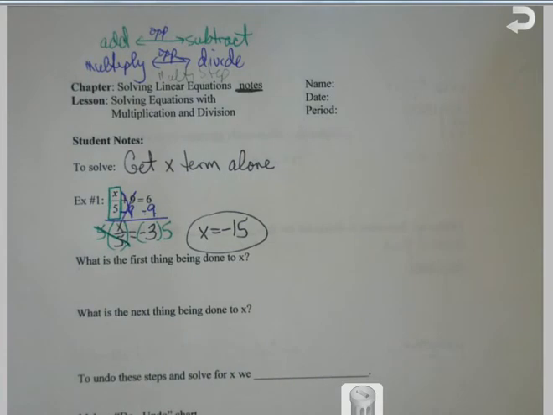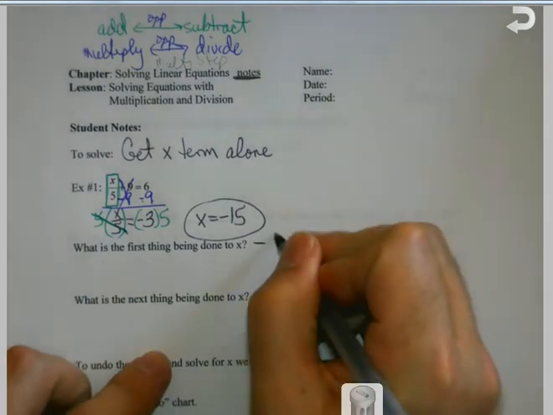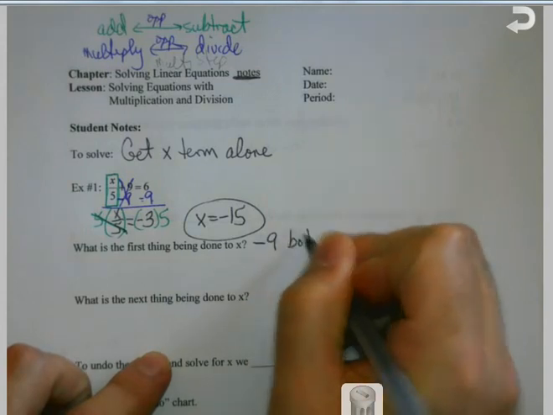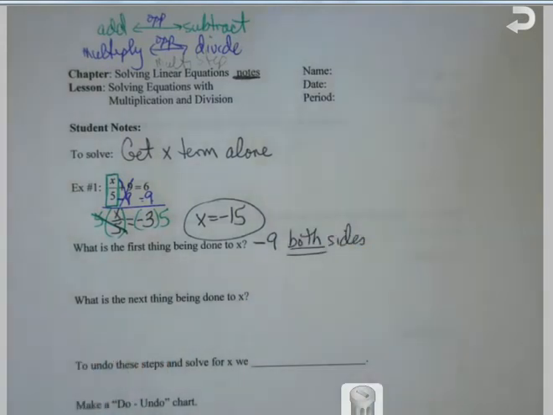So again, it kind of goes back over that down below here. Thank you. So what's the first thing being done to x? Well, we minus 9, and we want to stress here from both sides, because sometimes you might just do it to one side. Well, then it's not equal anymore. It's not the same equation.